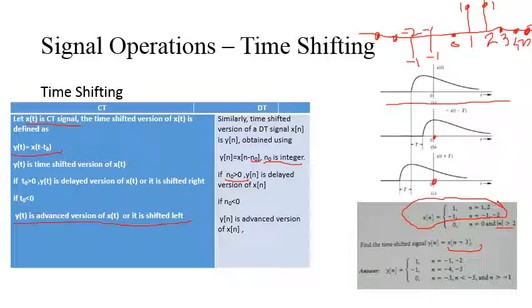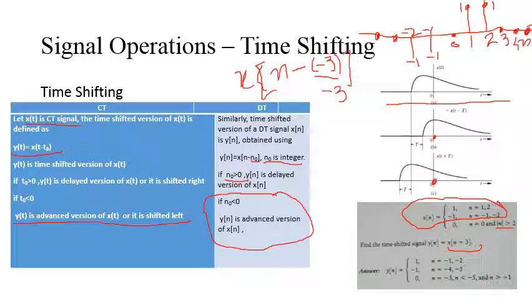If you compare it with the standard equation, what is the value of n0 here? In the formula we have x[n - n0]. Now x[n - n0] results in x[n + 3], so basically n0 is -3 here. N0 is -3.